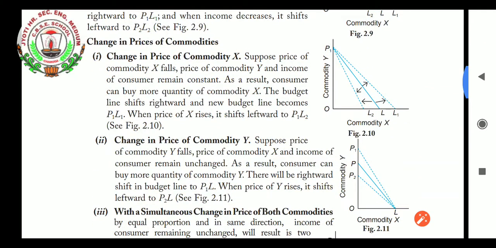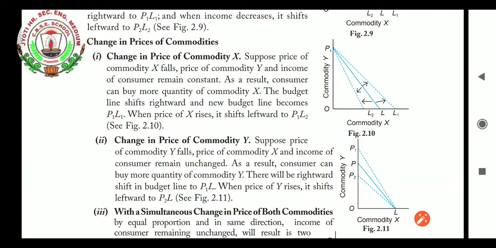Changes in price of commodities. Suppose the price of commodity X falls, while the price of commodity Y and the income of the consumer remain constant. There is no change in income, which was 200, and no change in the price of commodity Y, which was 20. But the price of X, which was 40, reduces to 30. As a result, the consumer can buy more quantity of commodity X. The budget line shifts rightward.